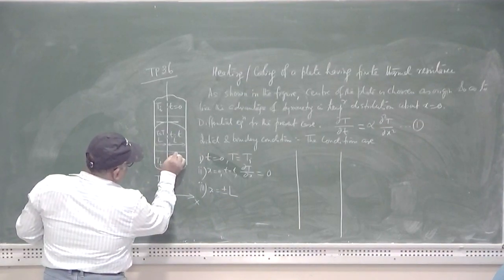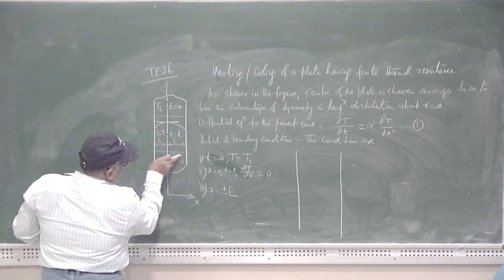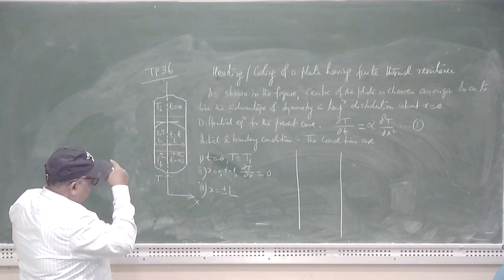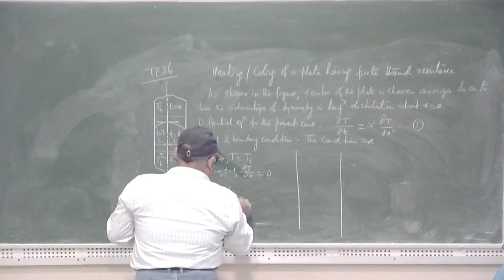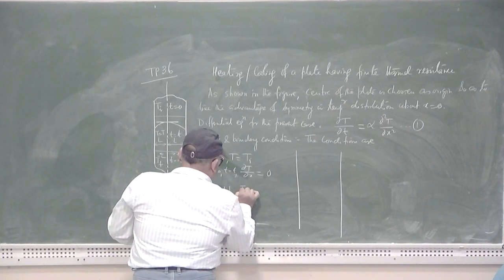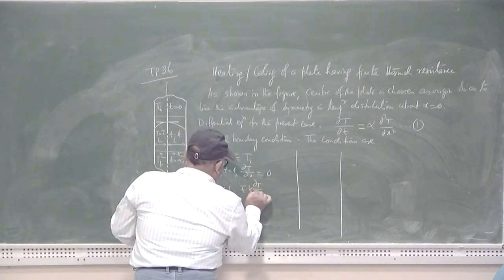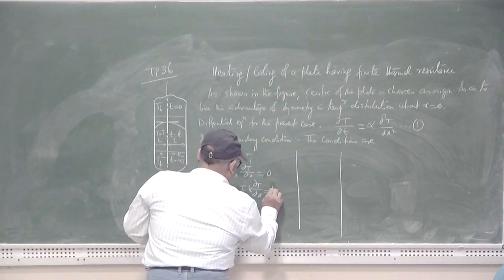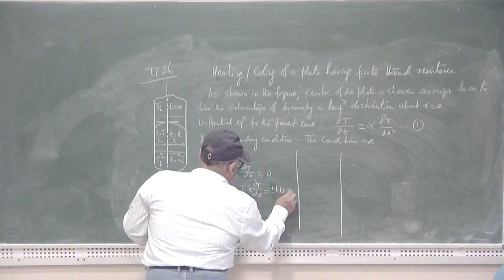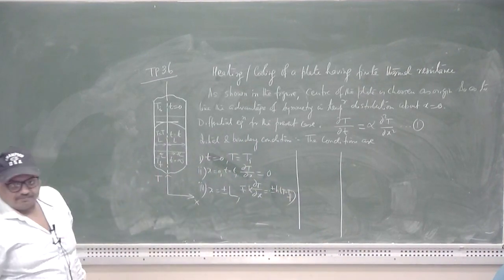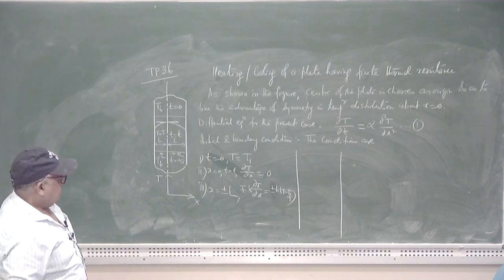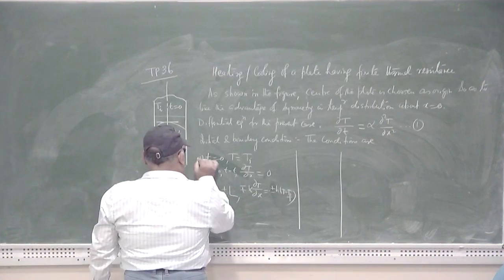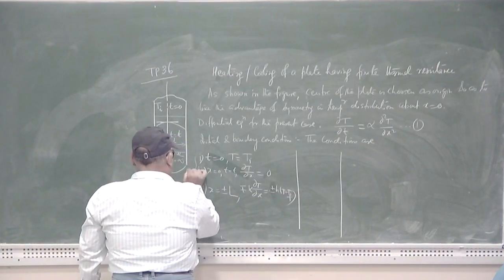If you are approaching in this direction, then this is plus L. If you are approaching in this direction, then it is minus L. So, x is equal to plus minus L. The corresponding Fourier equation can be given as minus plus k dT/dx is equal to plus minus h (T minus Tf). So, these are the boundary conditions. Let us suppose these are the boundary conditions A 1, 2, 3.